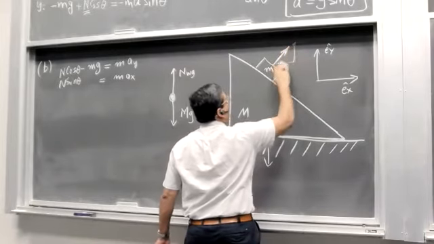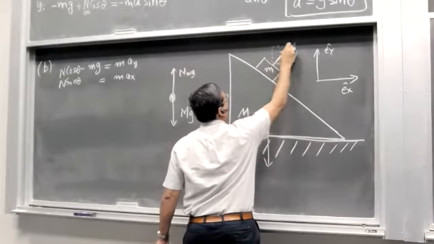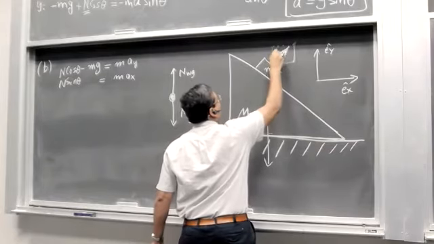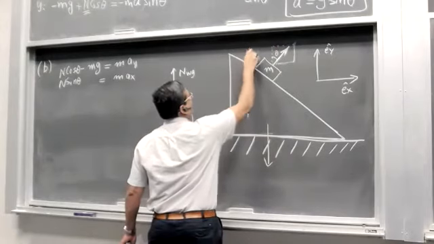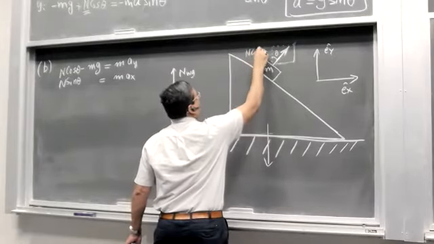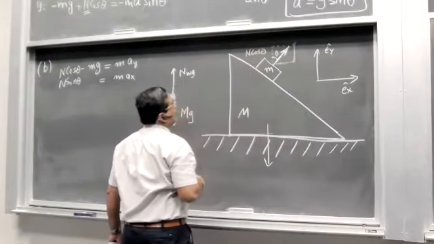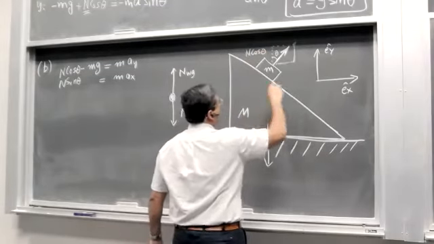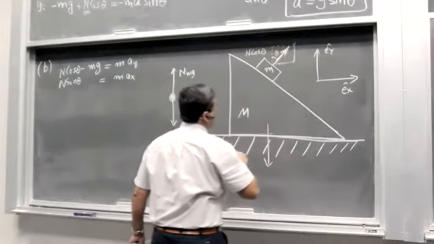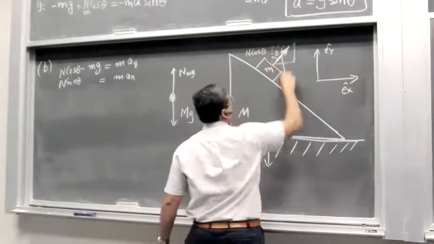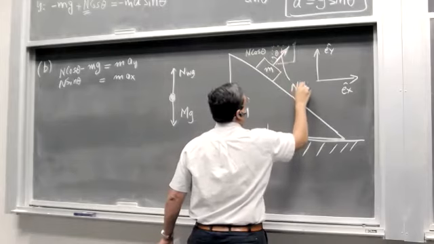Sorry, it should be on the other side. So this is theta, and this is n cosine theta, and this x component would be n sine theta.